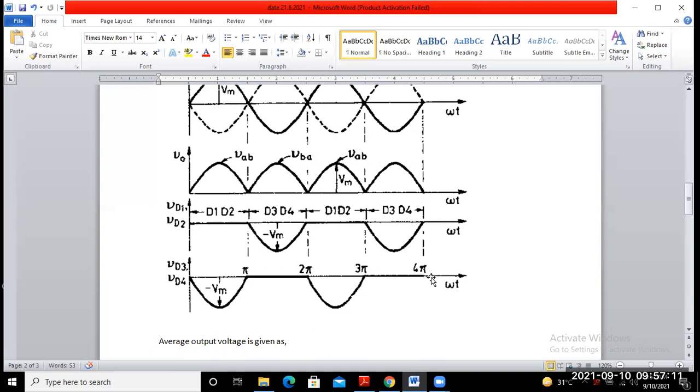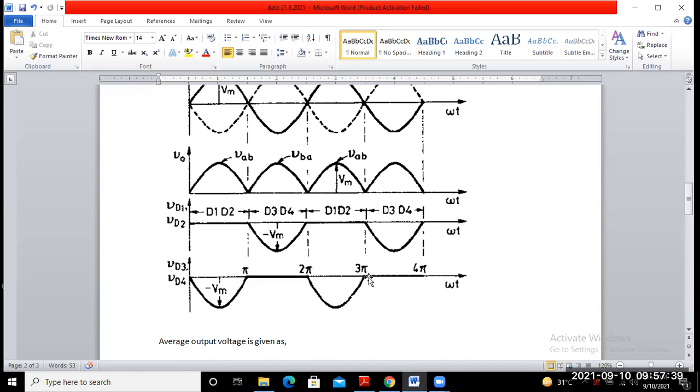And from 3 pi to 4 pi, D3 and D4 conduct, so the voltage across them becomes zero. So this is all about the waveforms of the various components in the single phase full wave uncontrolled rectifier.